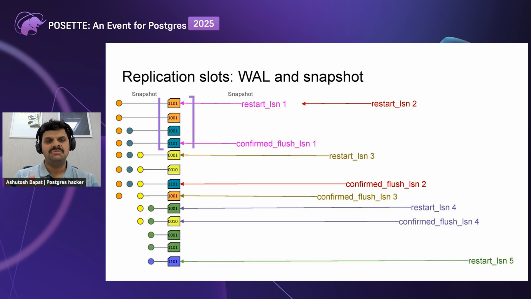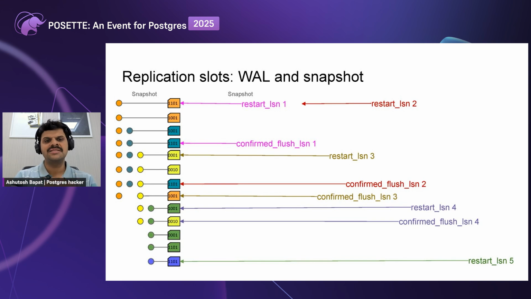If anywhere in between, while these four records are being sent, the downstream tells us that it has received the fourth record, it will note it down as the confirmed flush LSN, but it won't change a lot.